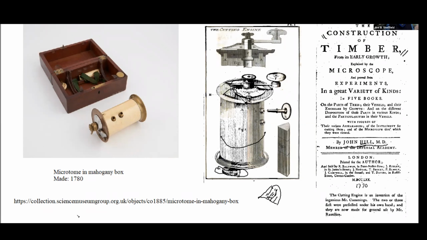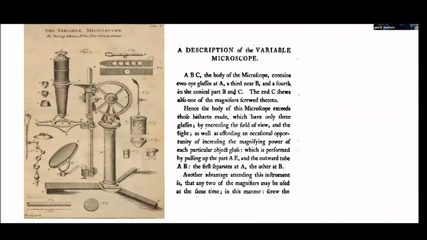Okay. Now, in reading over Hill's book, Hill's papers, I was struck by the microscope he used. So I just thought I'd include that in this talk. So this is his microscope. The basic idea is he has a whole bunch of tubes.